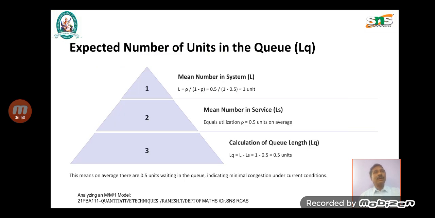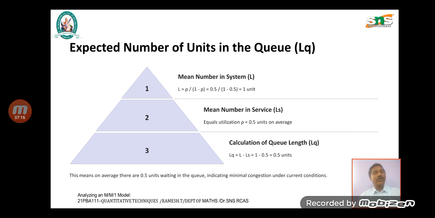Expected number of units in the queue, that is the length of the queue. The mean number in the system, L, is rho divided by 1 minus rho. That is 0.5 divided by 1 minus 0.5, that becomes 0.5 divided by 0.5 is equal to 1 unit. The mean number in service, Ls, that is utilization rho, we already have this, is 0.5 units on average.